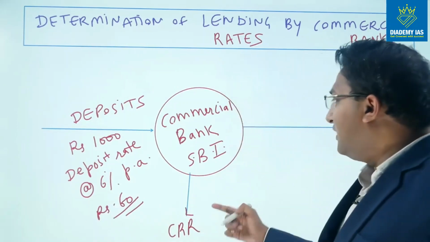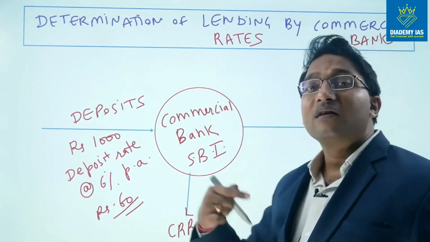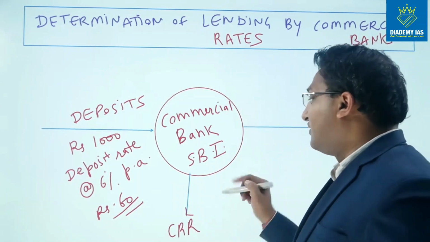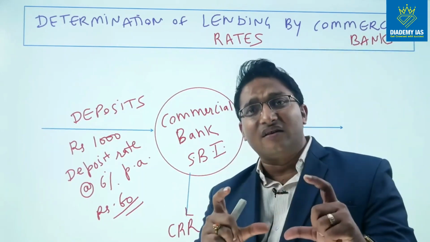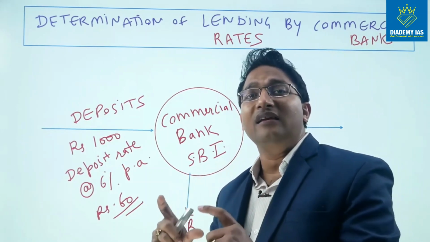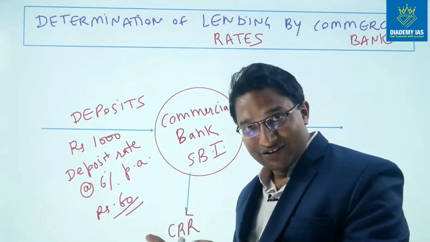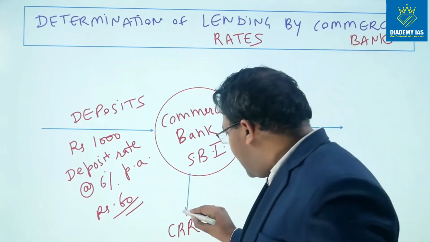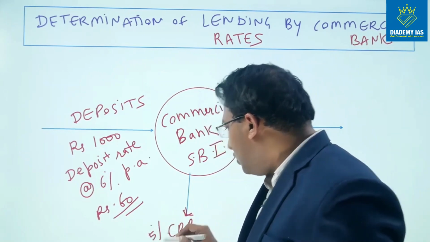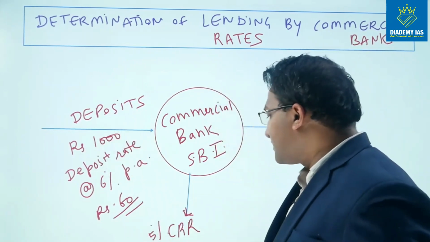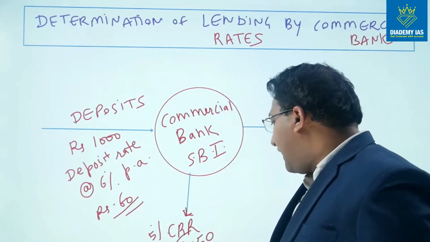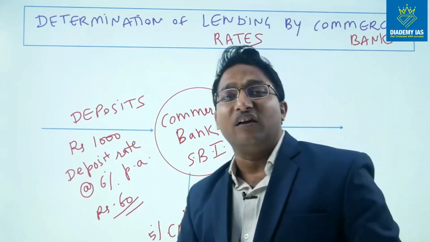Some of the money it will be keeping with the central bank or Reserve Bank of India as the cash reserve ratio. On this cash reserve ratio, the RBI will not give any rate of interest. Let us say, for example, that CRR is 5%. So out of this 1000 rupees, rupees 50 will be kept with the RBI.